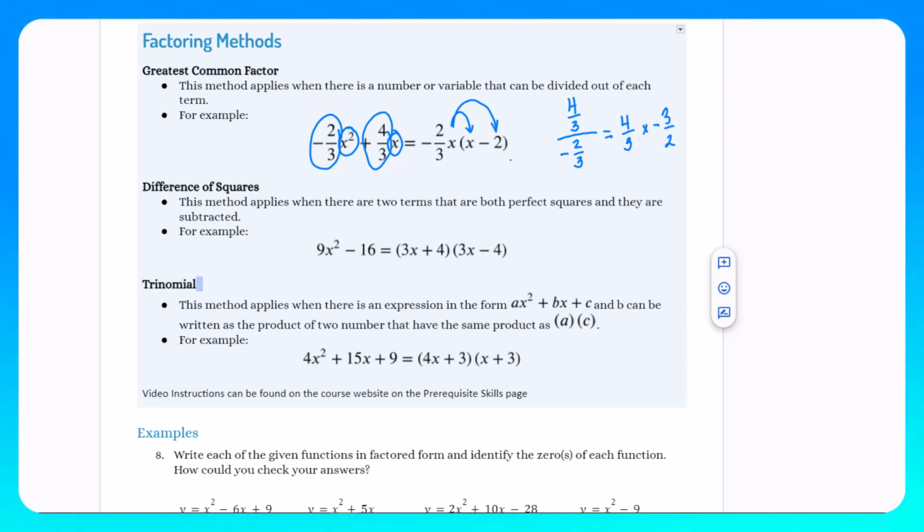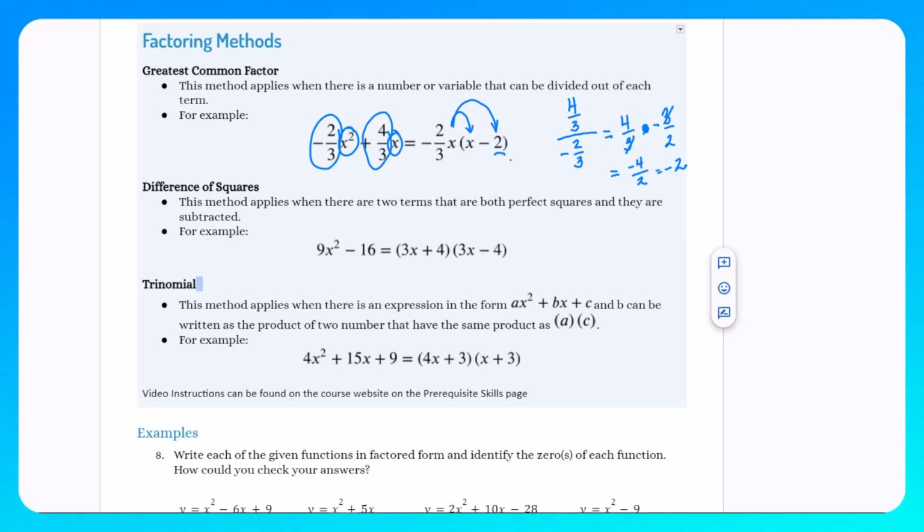In other words, multiply them. I don't like using x because it gets mixed up with a variable, so I'm going to use a dot. The 3's cancel, meaning I still have this negative, so we have negative 4 on the top, 2 on the bottom, which gives us negative 4 divided by 2, which is negative 2.